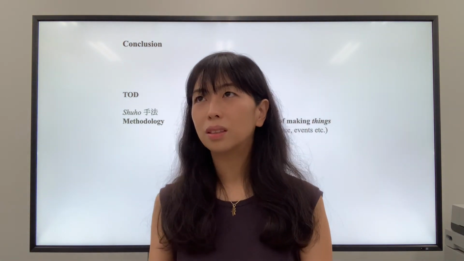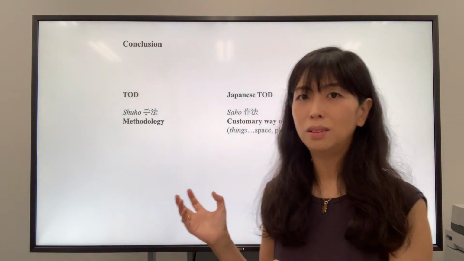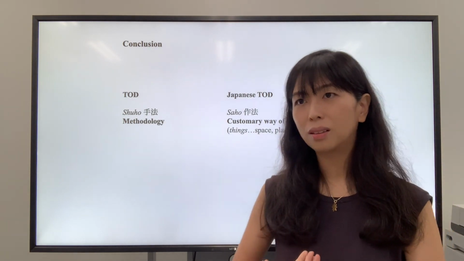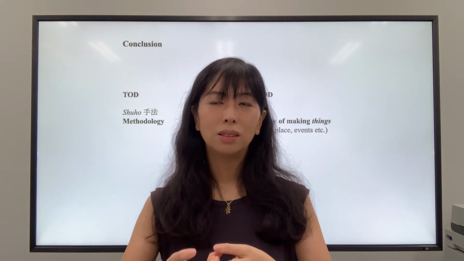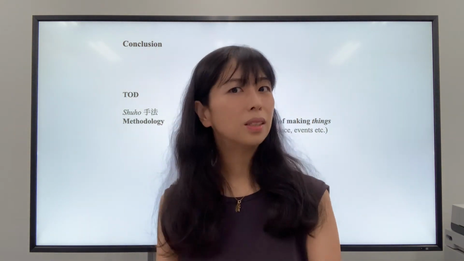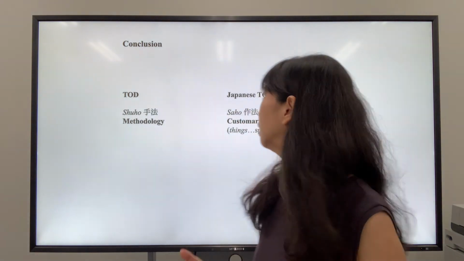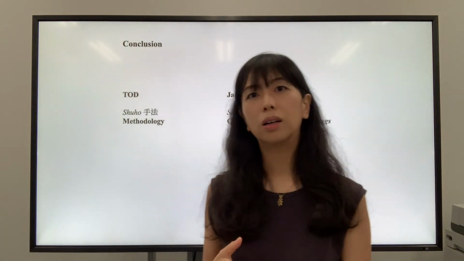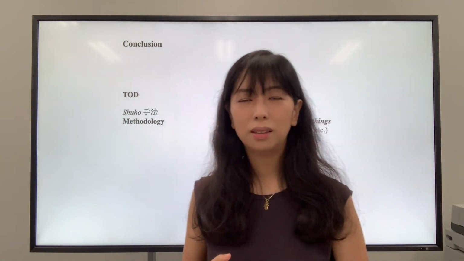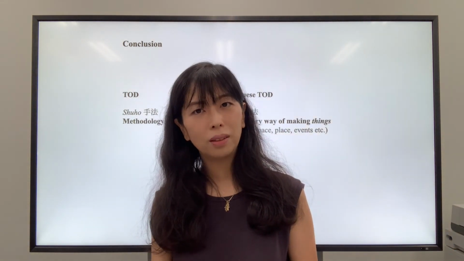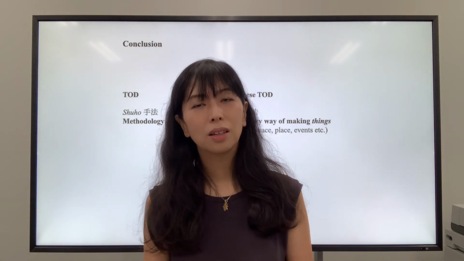So these are the cons and pros of the Japanese TOD, but I think 21st century development is something where we are seeking more quality of life instead of quantity. So this saho approach to development could offer some lessons to be learned from the past.